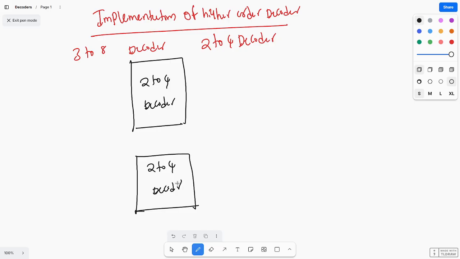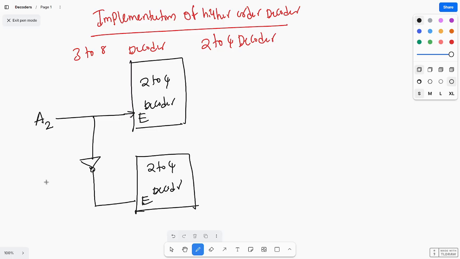Here A2 I am giving into the enable pin, through the inverter for one decoder, and for the other also through its enable pin. Whatever A1 and A0 are there, I am giving directly.